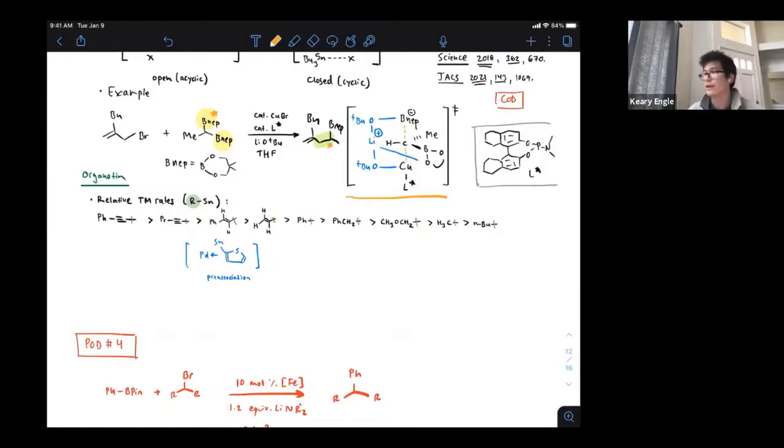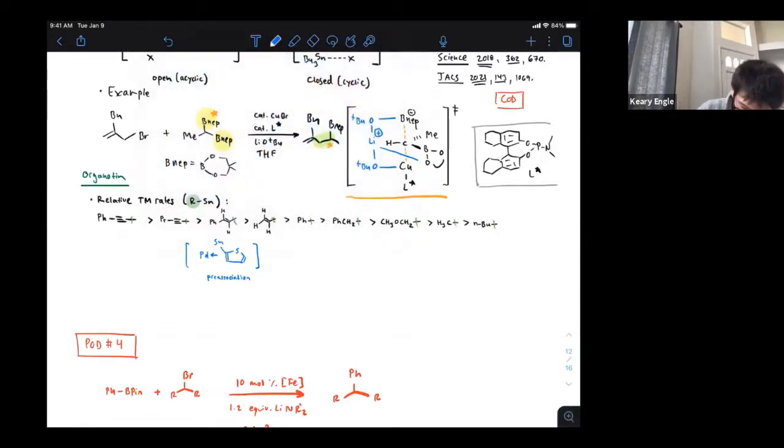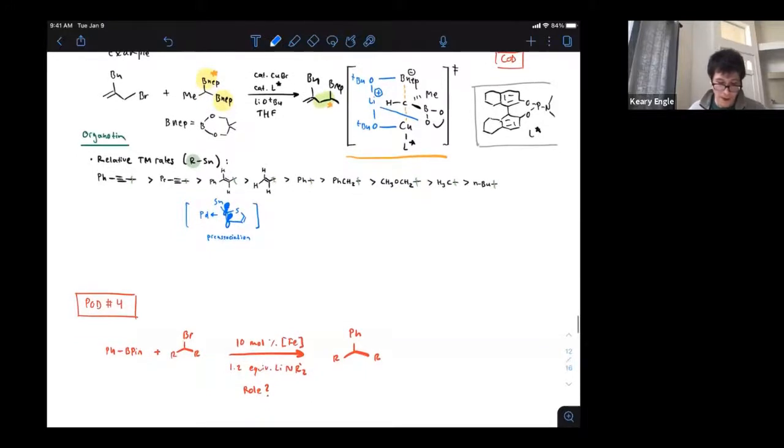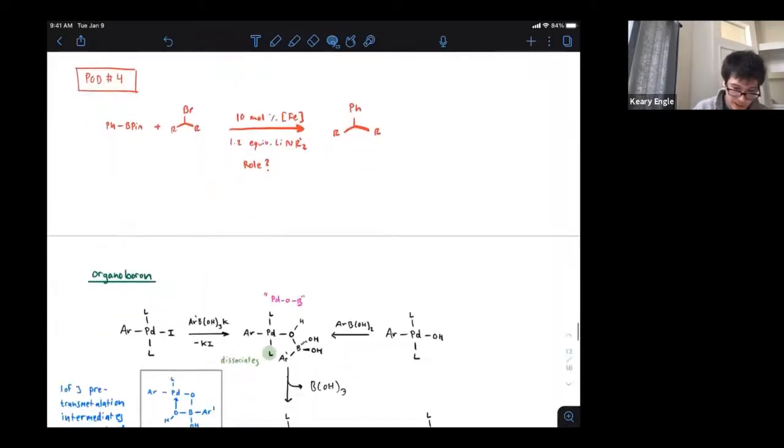And so I've illustrated that in the case of this diene, just to make that crystal clear. Oops, I actually need to move this down.